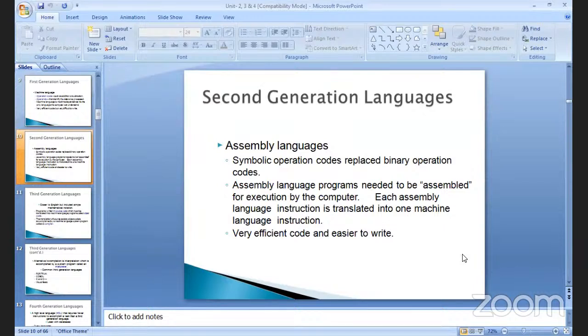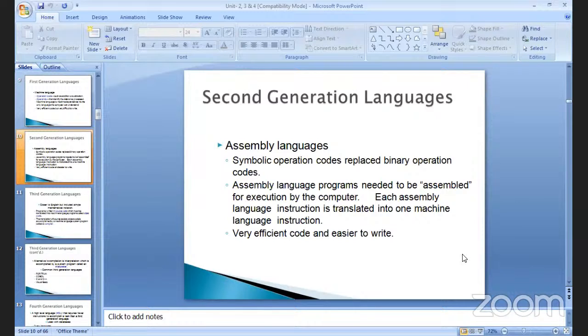And the second one is assembly languages, or second generation languages. It depends on symbolic codes, which means symbolic codes will be used. These assembly language programs need to be assembled for execution by the computer.